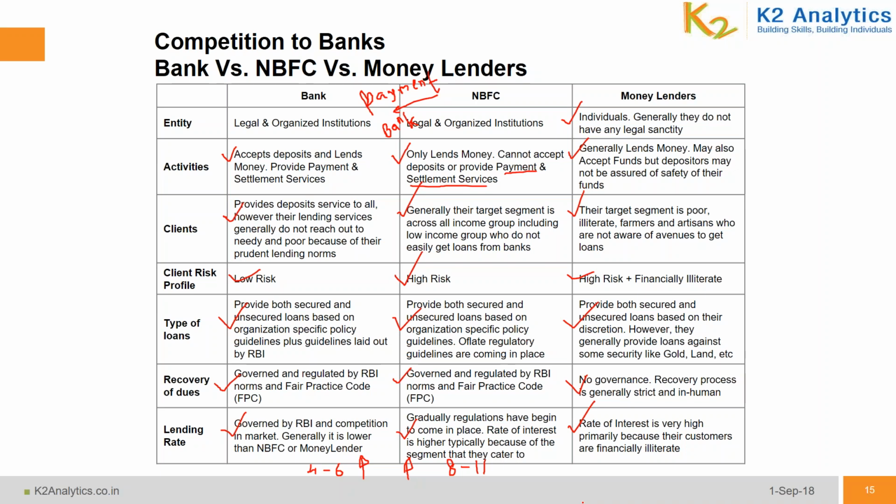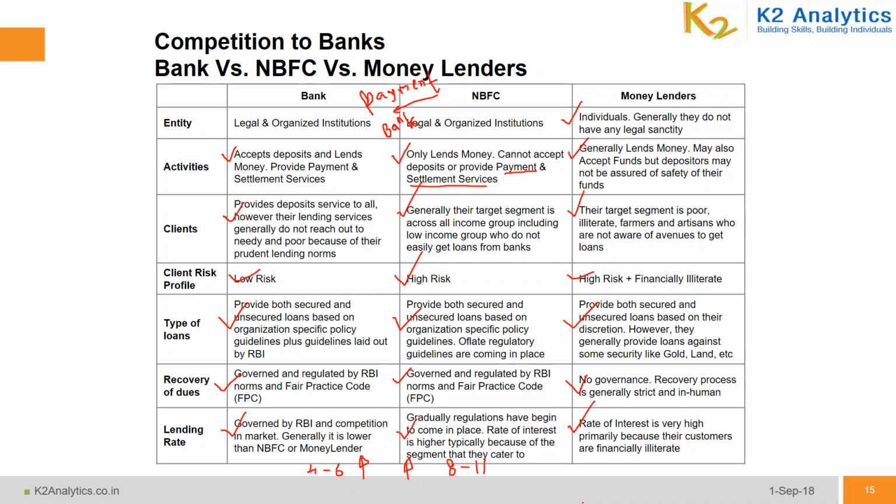Now, assume there is a bank which has to ensure 10% of its total lending is to the priority sector. But unfortunately, I as a bank do not have the expertise to manage that exposure. There is some NBFC which has got the expertise. So typically the bank will allow the NBFC to do the lending.